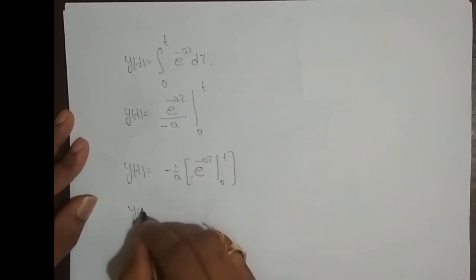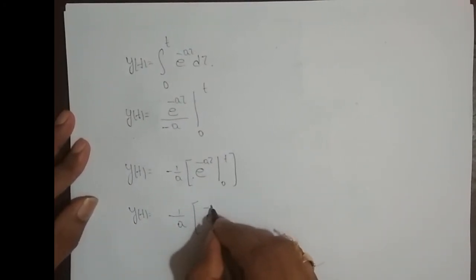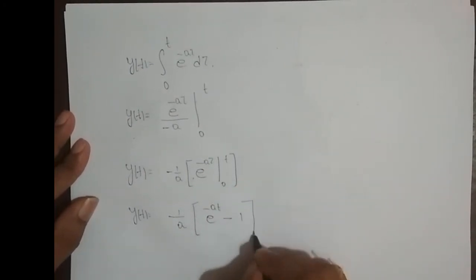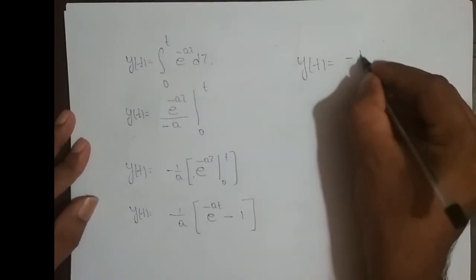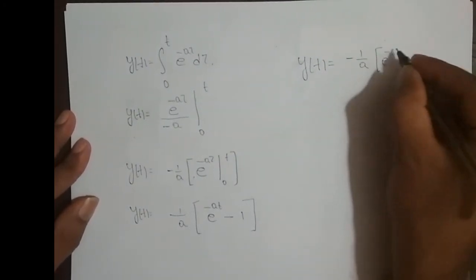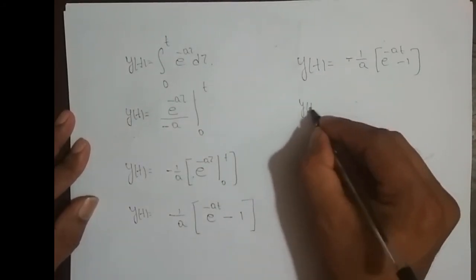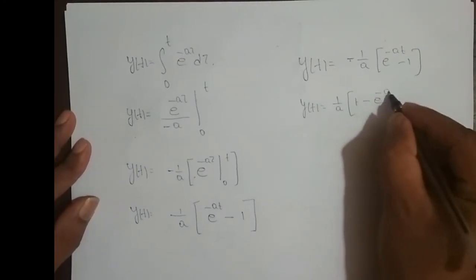So y of t is equal to minus 1 by a into upper limit e power minus a t, minus lower limit e power minus a 0, which is 1, right? So y of t is equal to minus 1 by a into e power minus a t minus 1, and I'll take this minus inside. Y of t is equal to 1 by a times 1 minus e power minus a t.